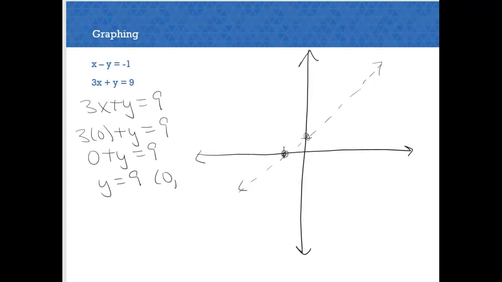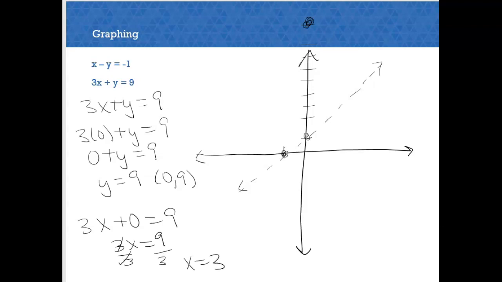So 0 we plugged in for x, so 0, 9. 1, 2, 3, 4, 5, 6, 7, 8, 9, way up here. And then we plug in 0 for y. So divide both sides by 3. x equals 3, so 3, 0.